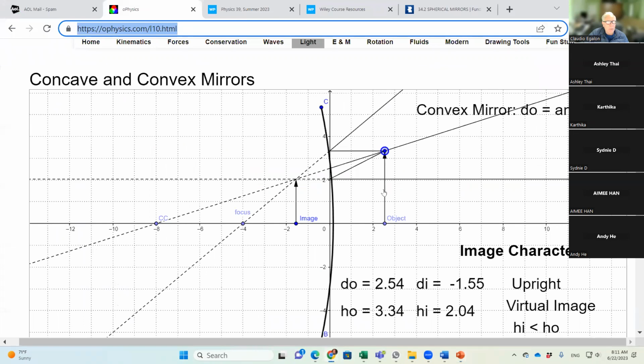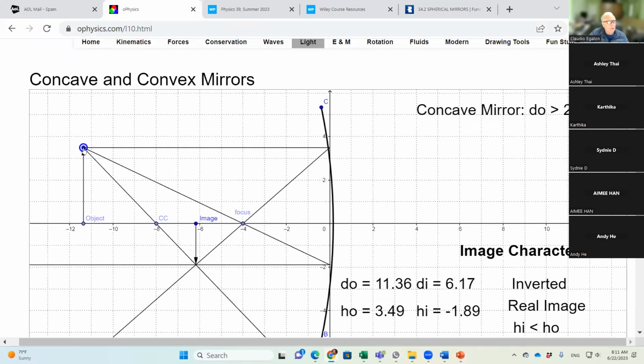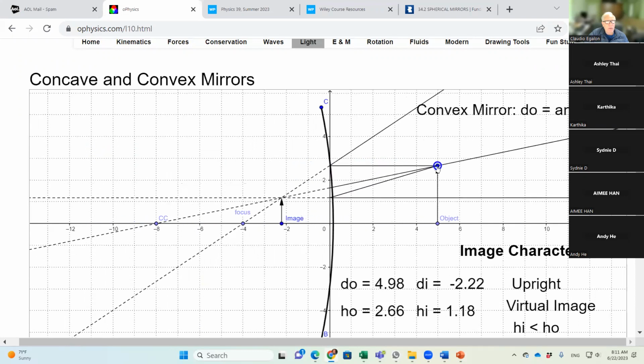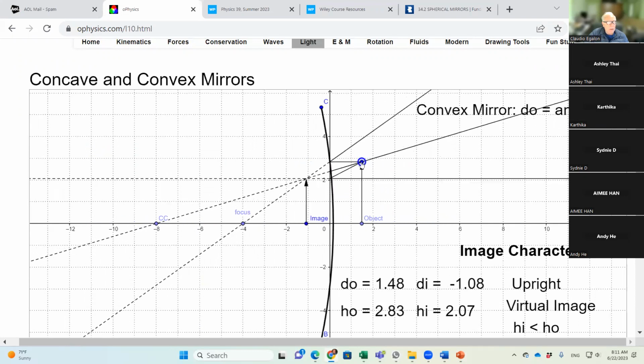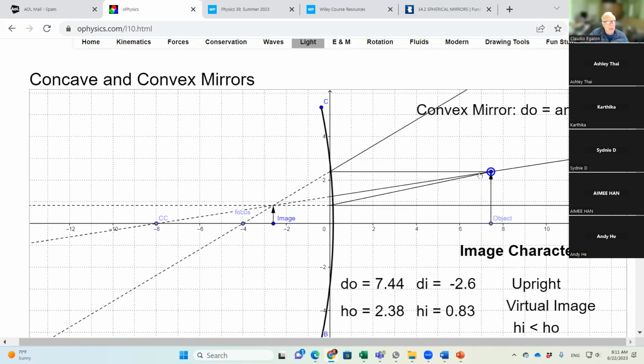Okay, and here you go, the object. In this case, they put the object on the right side of the mirror. That's the front of the mirror, that's the back of the mirror. If you want to play with concave mirrors, you gotta switch the position of the object. Here's the concave mirror, on the other side is the convex mirror. Let's take a look. It doesn't matter where you position the object.